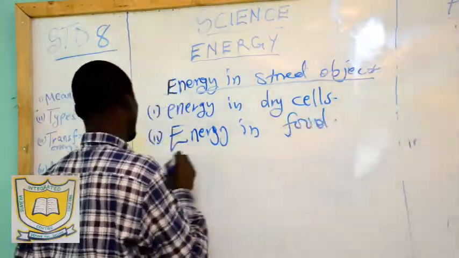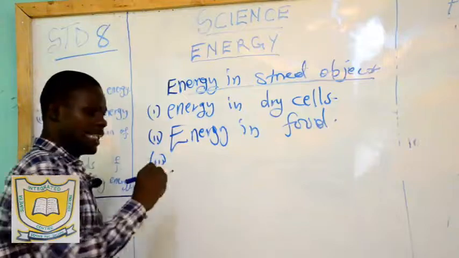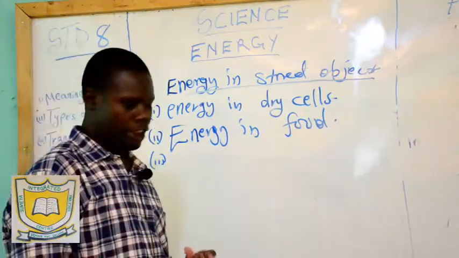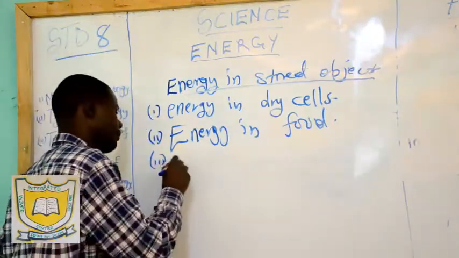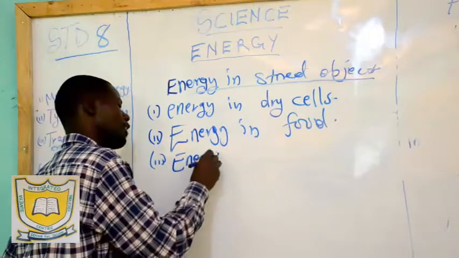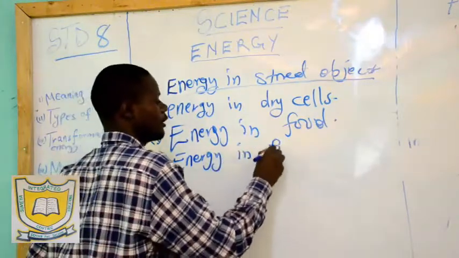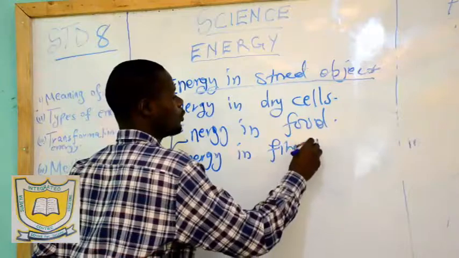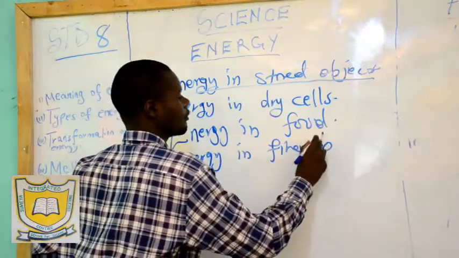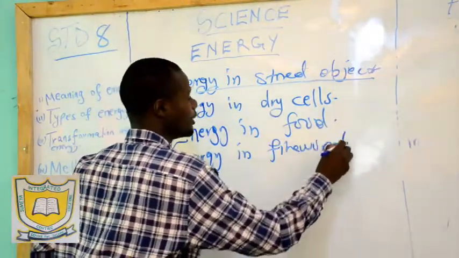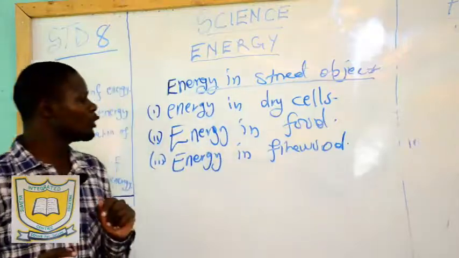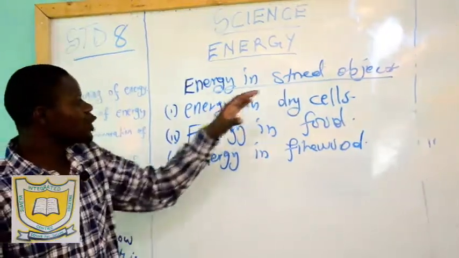And number three, we have energy in firewood. These are three examples of energy in a stored object.